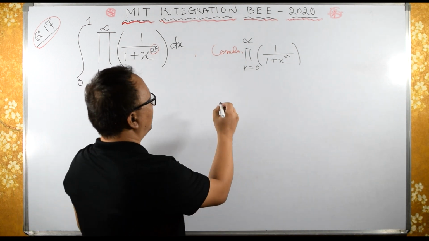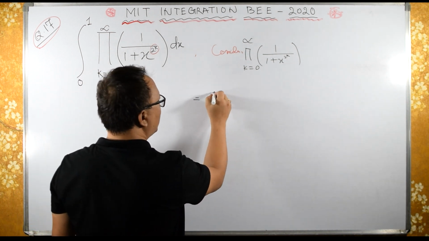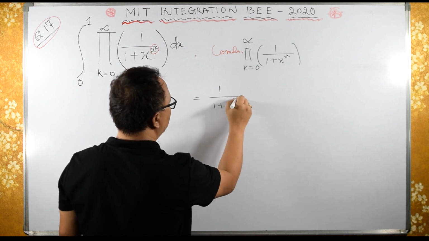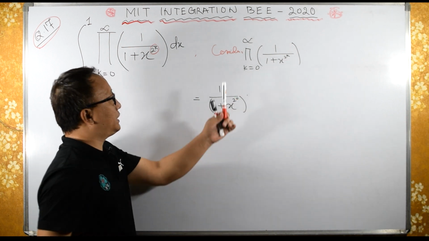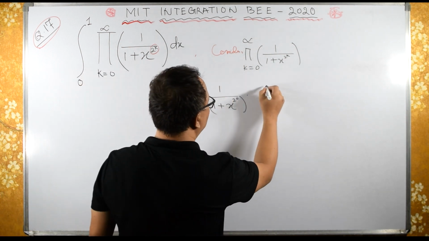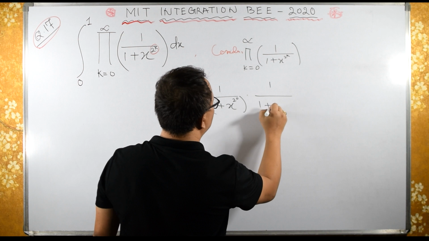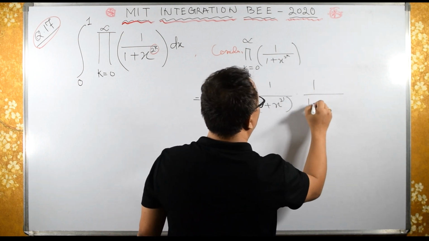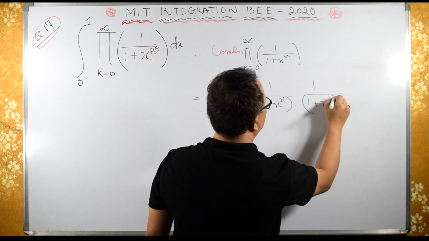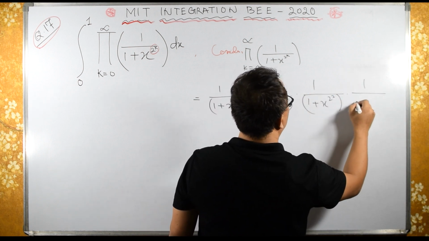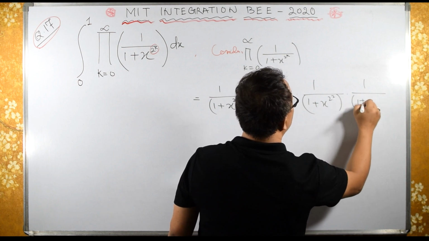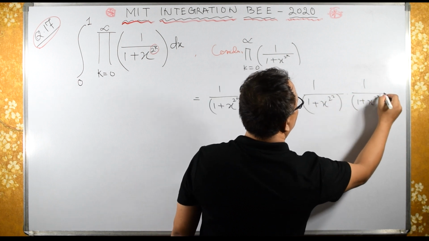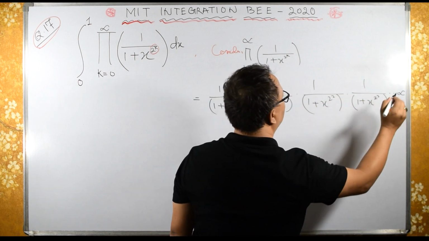When k equals 0, what we have? 1 upon 1 plus x raised to 2 raised to 0, into, since the product is there, 1 upon 1 plus x raised to 2 raised to 1, into 1 upon 1 plus x raised to 2 raised to 2, and so on, with the powers 0, 1, 2, 3 and so on up to infinity.